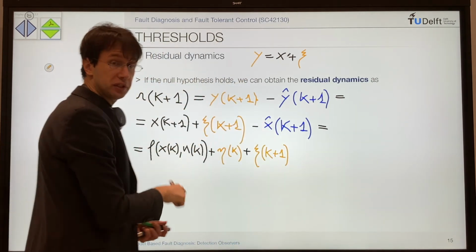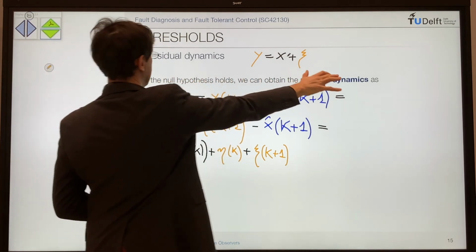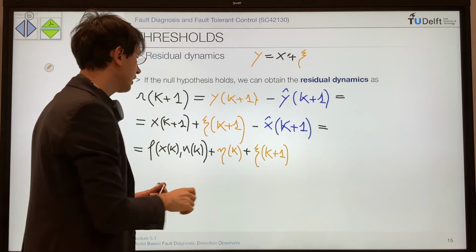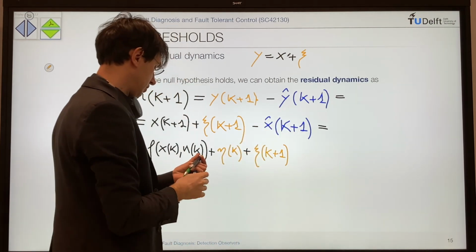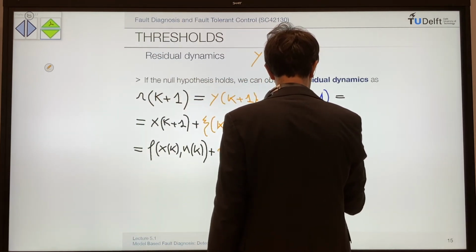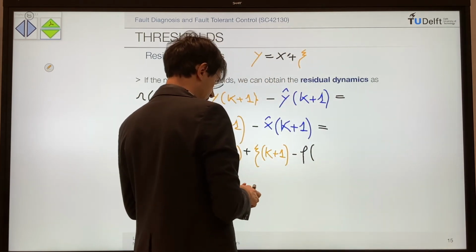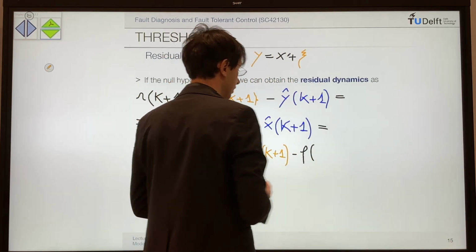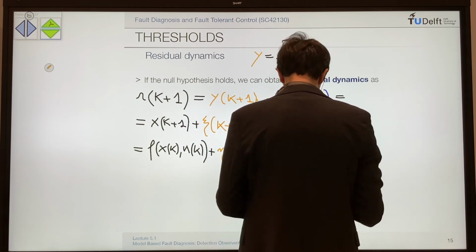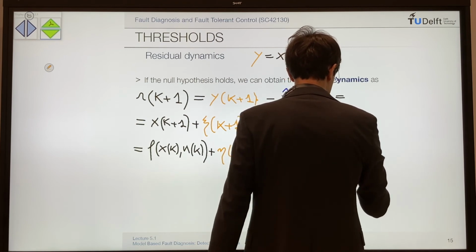And I don't have the fault here, because now we are assuming to write the residual dynamics under the null hypothesis, so in nominal conditions. And now I need to expand this. So this one is equal to minus f computed using y, the measurement at time k, which unfortunately is uncertain, and the input u at time k that we know.